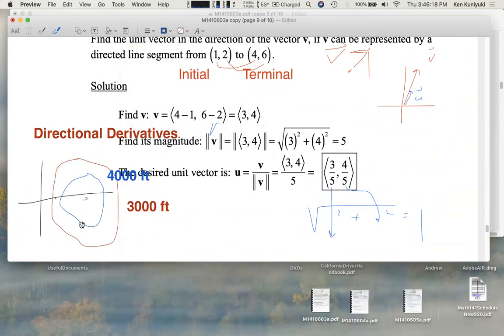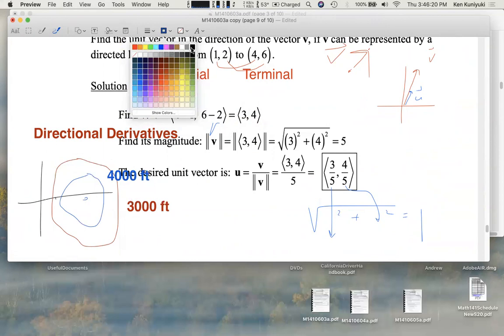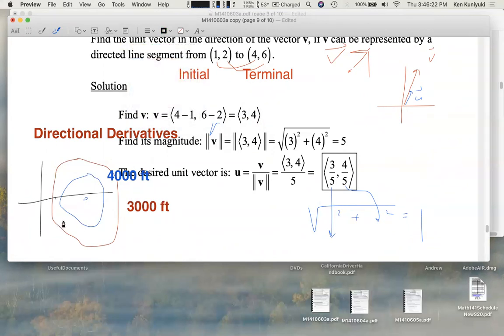So here's the idea. Let's say that on your map here, you're starting at this point. Maybe the elevation is 3,500 feet at this point on the map. On your compass, you see that you're going in this direction. What is the directional derivative of the height or altitude of the mountain if you walk northeast on your map?